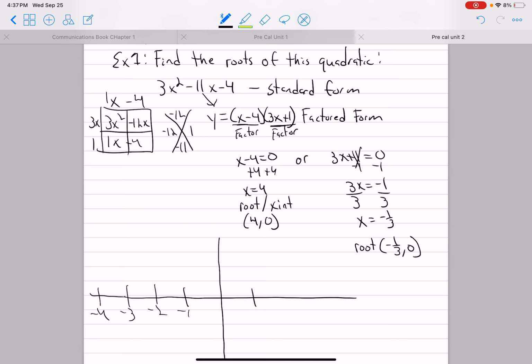And if this is 1, 2, 3, 4. This is 1, 2, 3, and 4. I know I have one root at 4, 0. And one root at negative 1/3, which is about here, and 0. So I'd have a parabola that looks something like that. Heck of uneven, but you should get the idea.